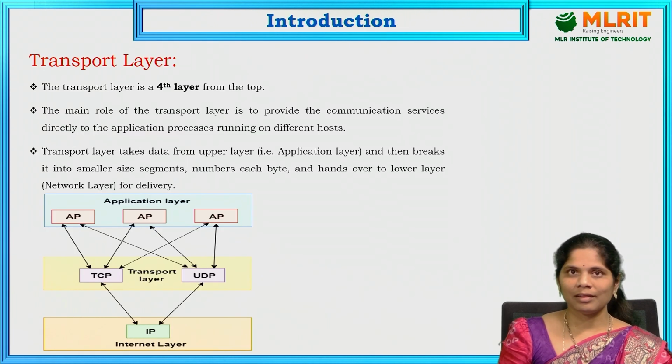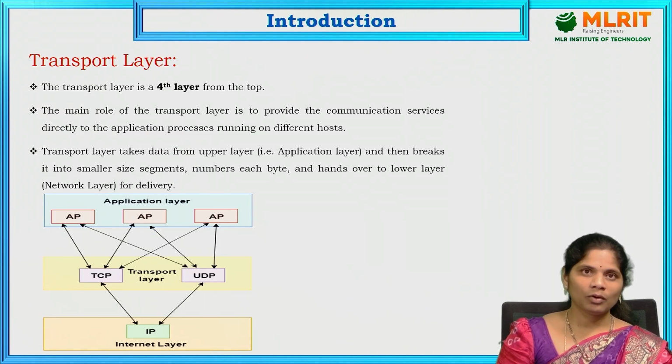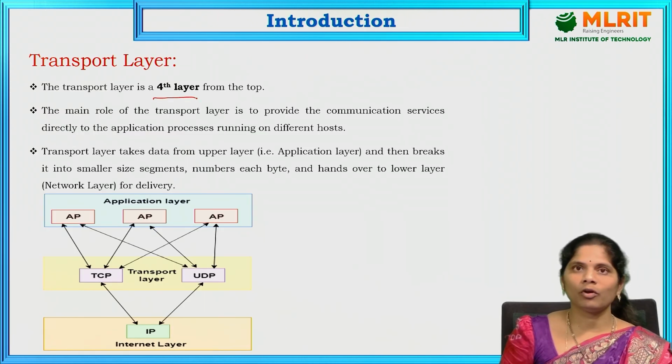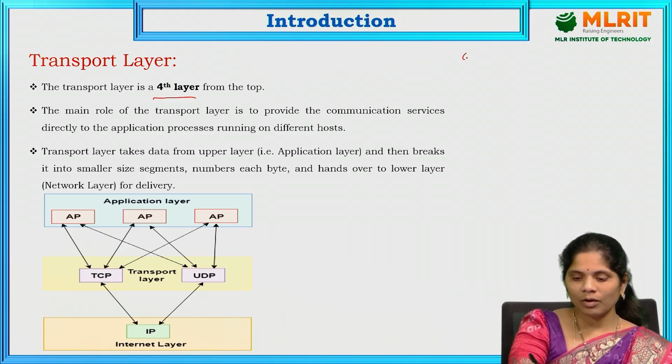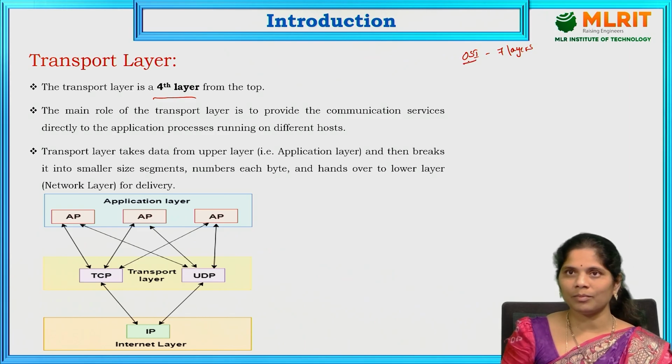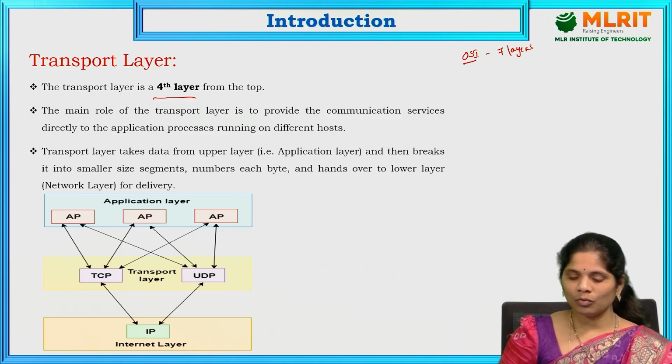First, let us see the introduction. The transport layer is the fourth layer from the top in the OSI reference model. OSI is open system interconnection, and it has a total of 7 layers.